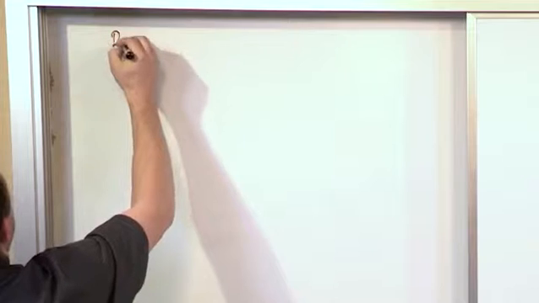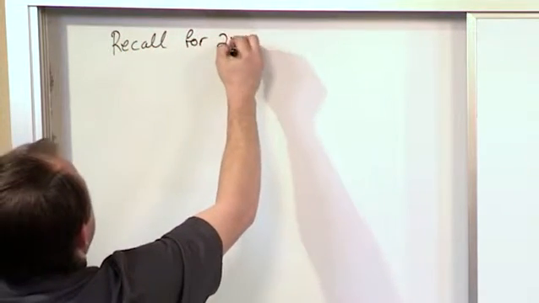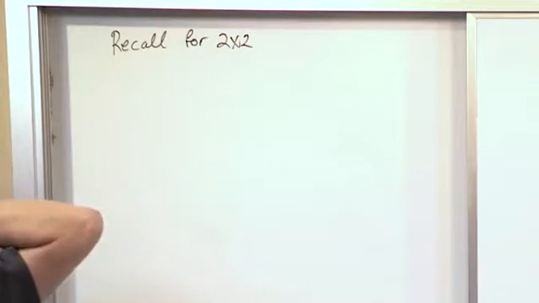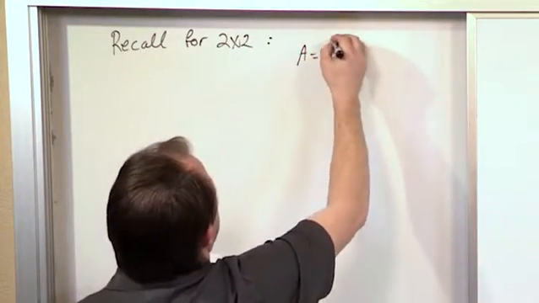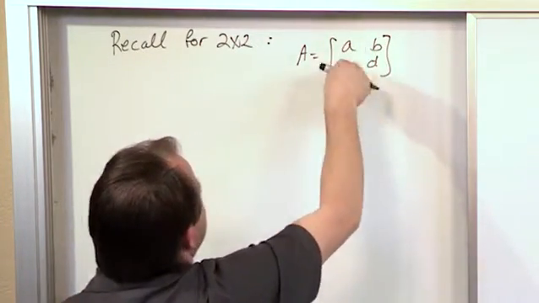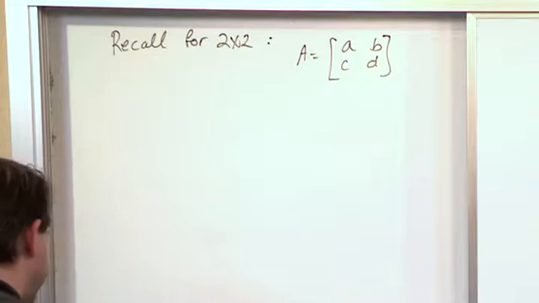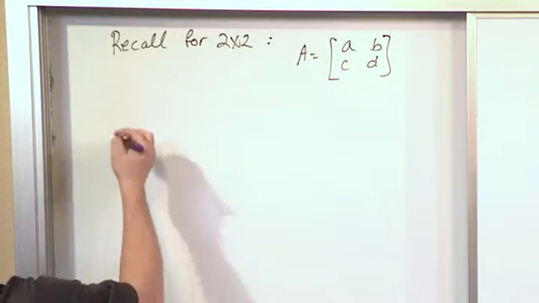So I want you to recall that for a 2x2 matrix, we have studied what we call the inverse. For a 2x2 matrix, for instance, we might have a, b, c, and d. These are just numbers I'm using to represent letters right now. We've already covered this in the previous volume of linear algebra.